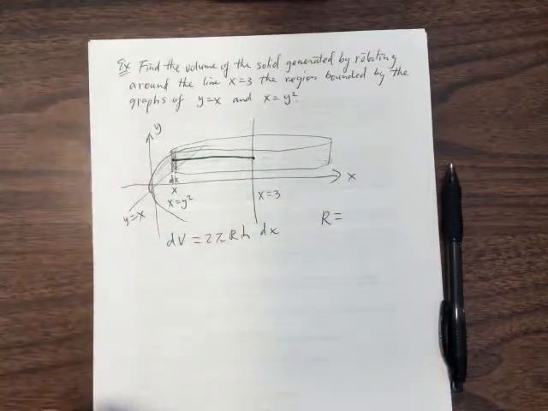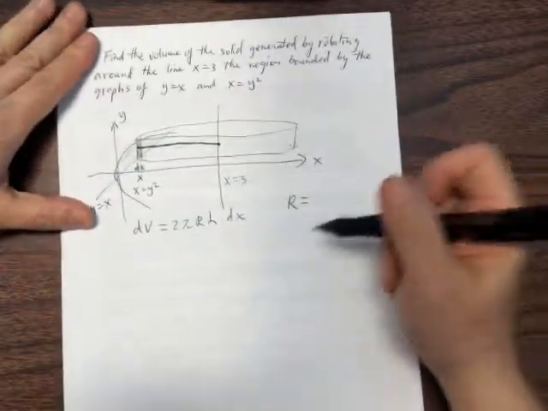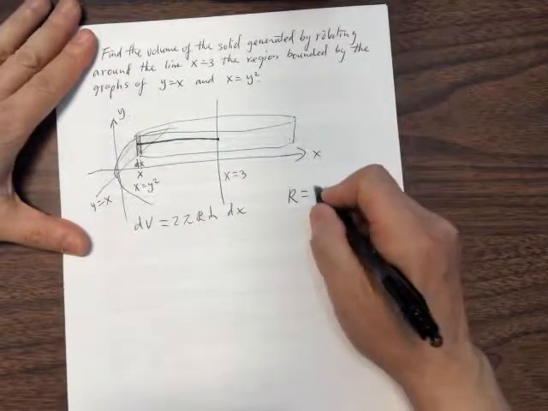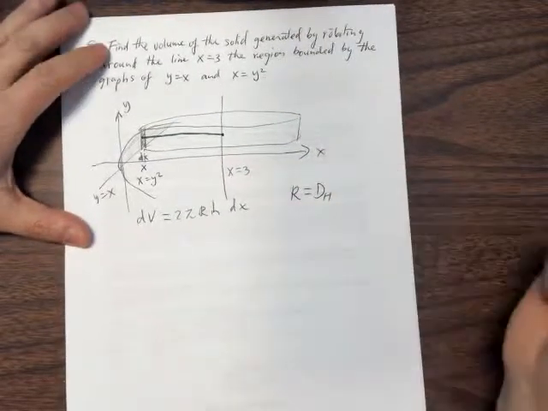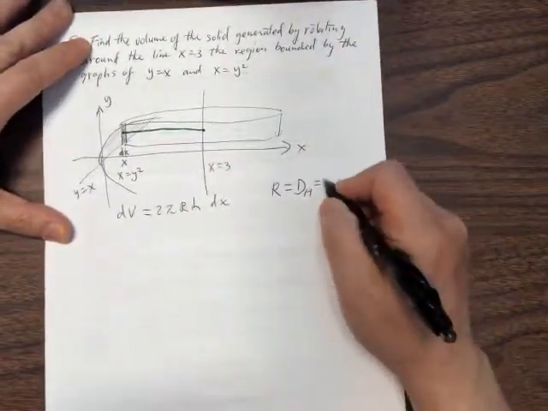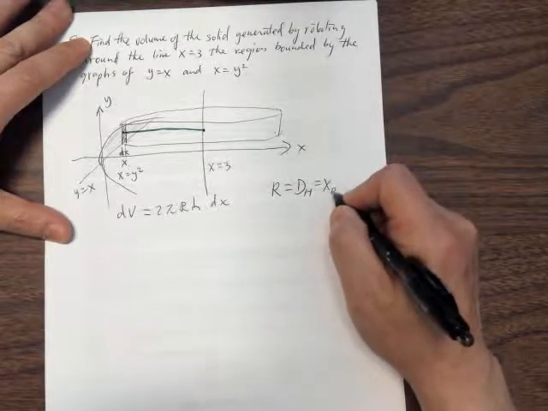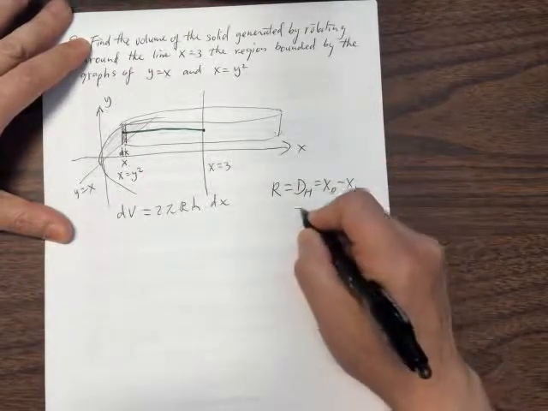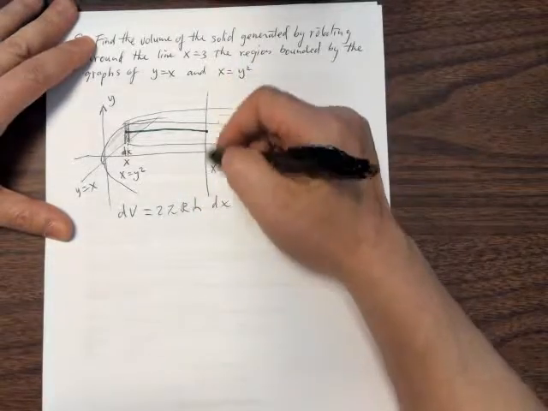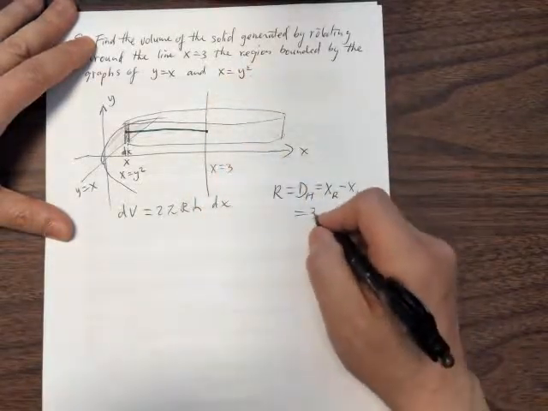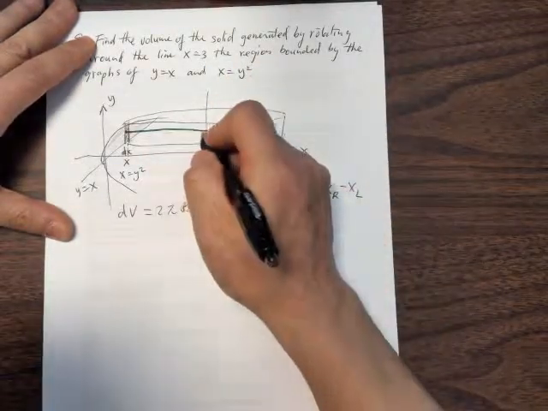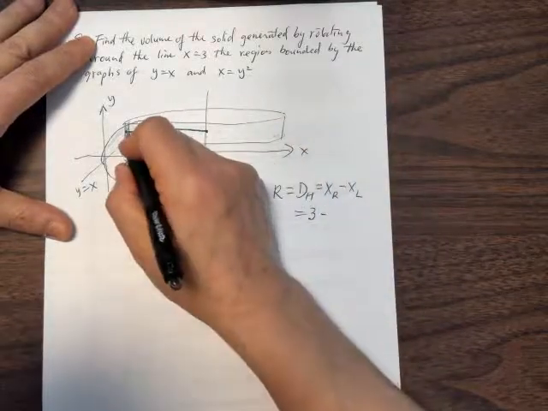Alright, so from the graph we see the radius is a horizontal distance. That's going to be x at the right end minus x at the left end. Now what's x at the right from the graph? 3. What's x at the left?